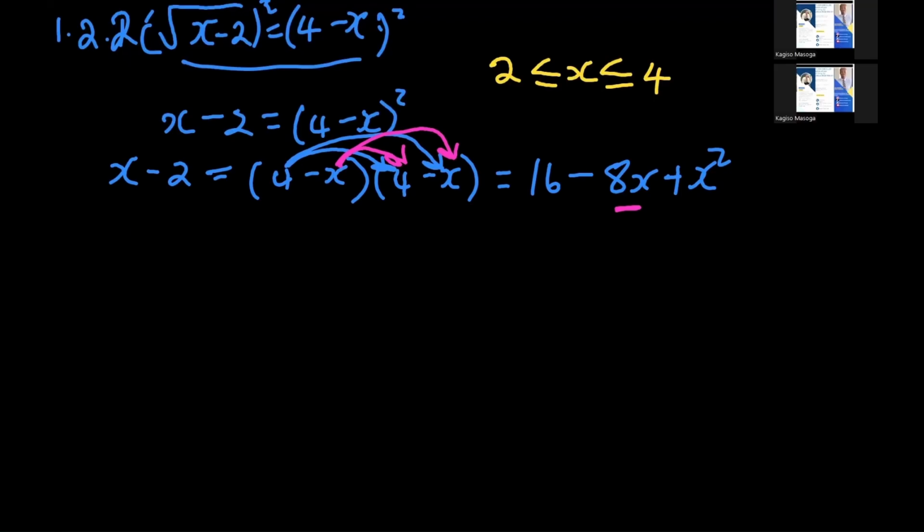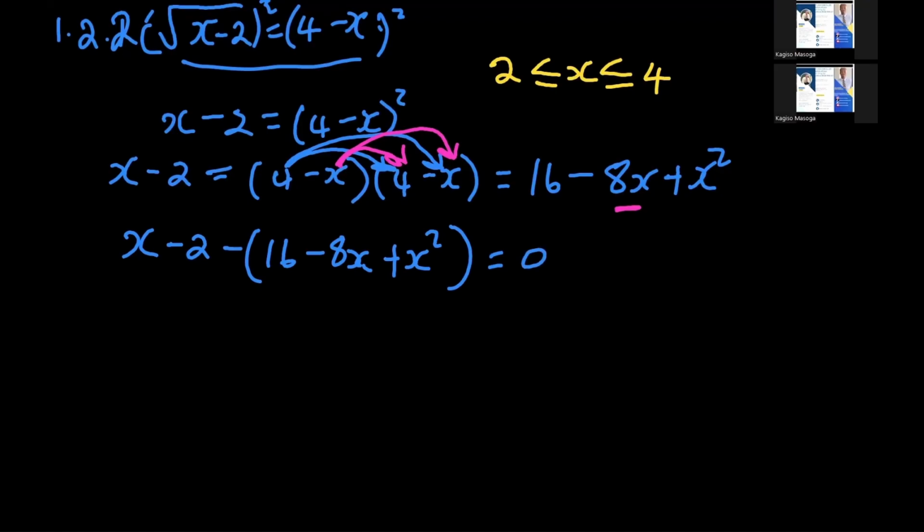So we have x minus 2 minus close bracket 16 minus 8x plus x squared close bracket equals 0.